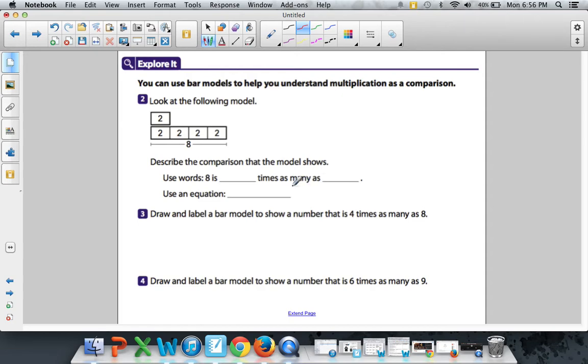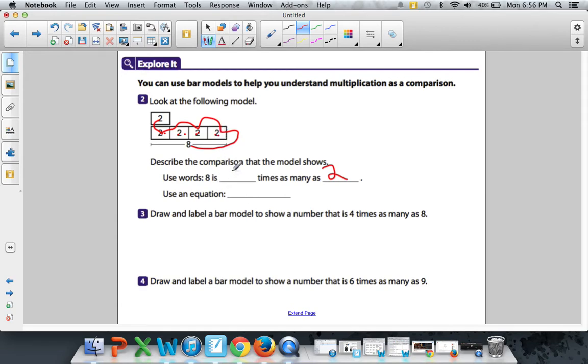Well, what number do you see besides 8? You see 2. That's actually going to go right there. And how many 2s are in an 8? Well, they show you with a picture. Look how many 2s fit into an 8. 1, 2, 3, 4 2s.